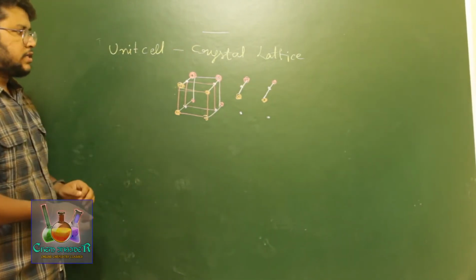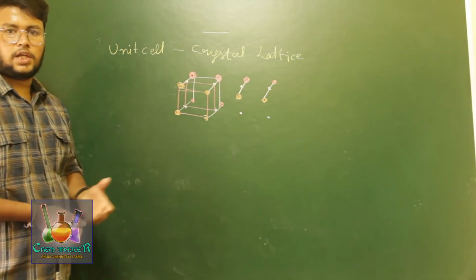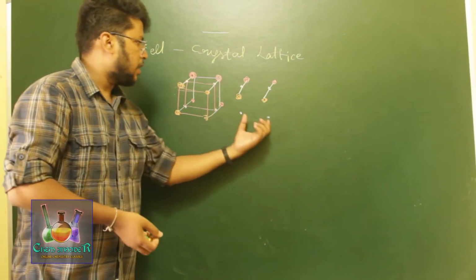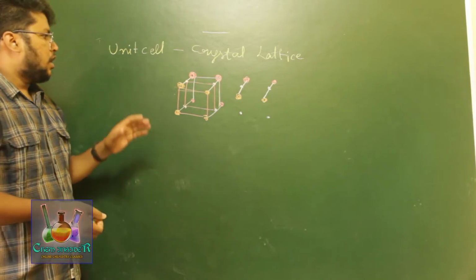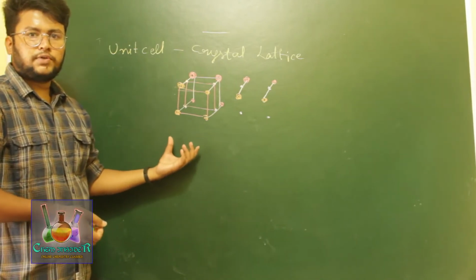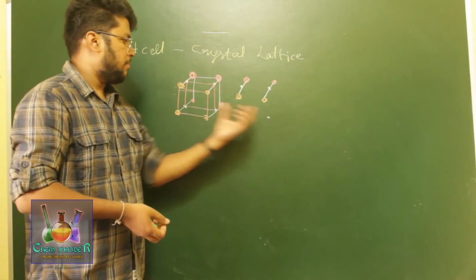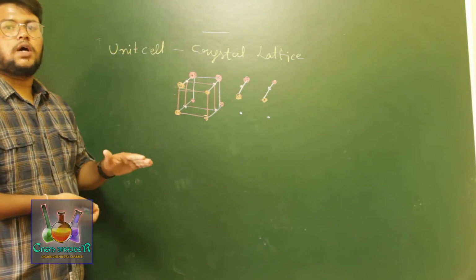So what is a unit cell? A unit cell is a small part of a constituent of a crystal lattice which is arranged in 3 dimensions. So this is 2 dimensions. If you arrange one in the front, this is an arrangement of 3 dimensions. A unit cell is a small constituent part of a crystal lattice which is arranged in 3 dimensions such that it gives a crystal lattice similar to the unit cell.